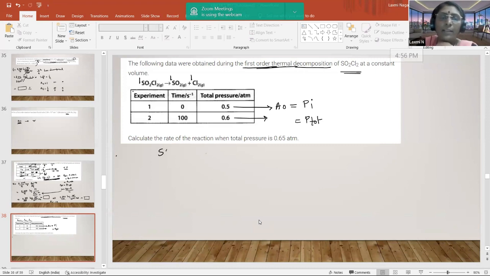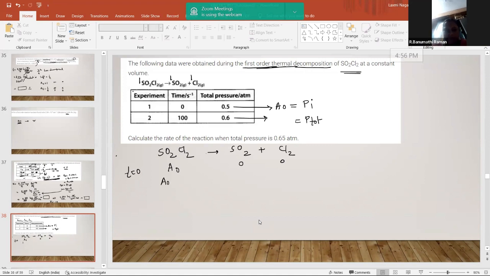Why P total? Because SO2Cl2 would have broken down. So at t equal to 0, if you had A0, the amounts of SO2 and Cl2 were 0. But if you take away x from the reactant, then x and x on this side.